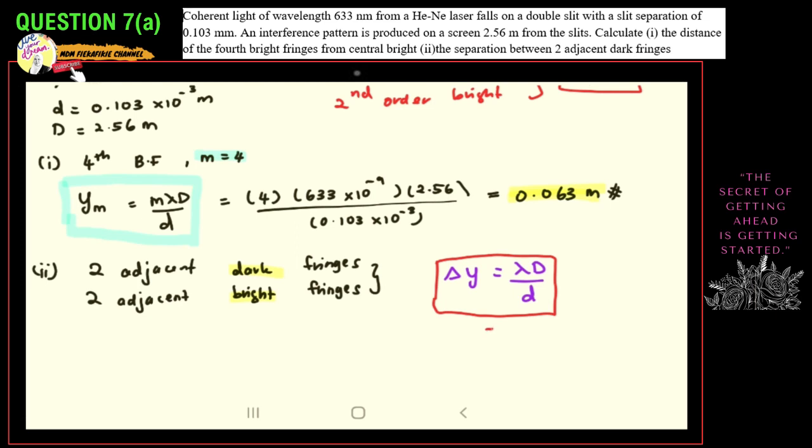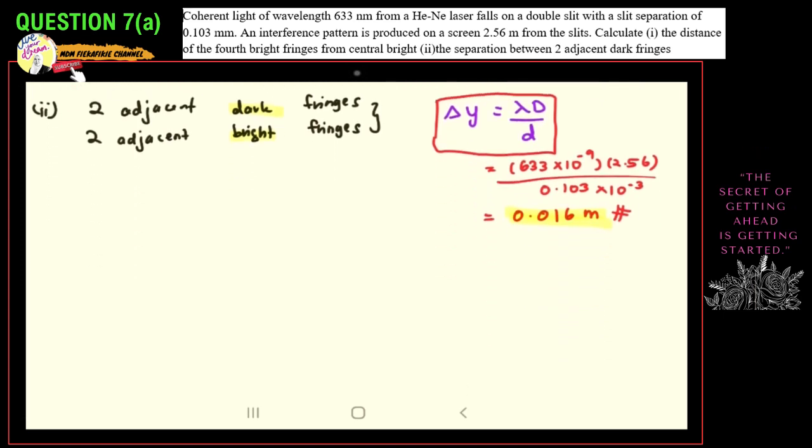We can substitute straightly lambda 633 exponent negative 9 and 2.56 over 0.103 times 10 negative 3. And the answer is 0.016 meter. Maknanya dia akan samalah untuk yang dark ataupun bright. So the separation between two adjacent dark fringes or bright fringes is equal to 0.016 meter. Baca soalan betul-betul.